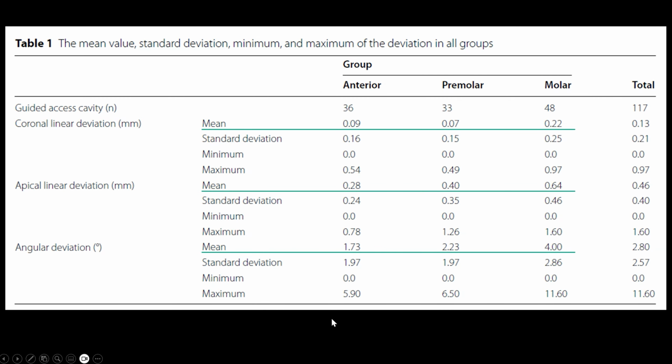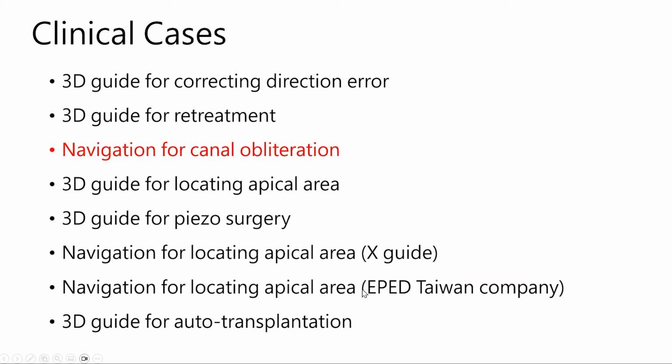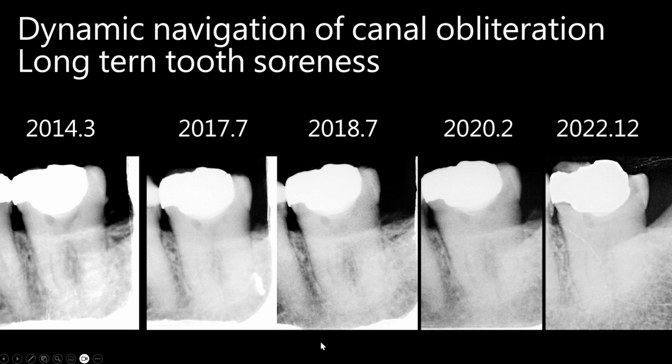And the next one is the navigation for the canal obliteration. So this one is a very interesting case because the patient is followed in our perio department. So I have almost 8 years of follow-up. In 2014, you can see this is a big amalgam filling, and you can still see some canal space here.